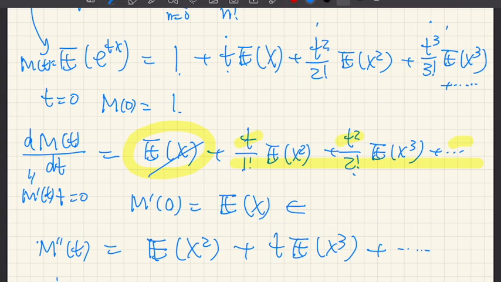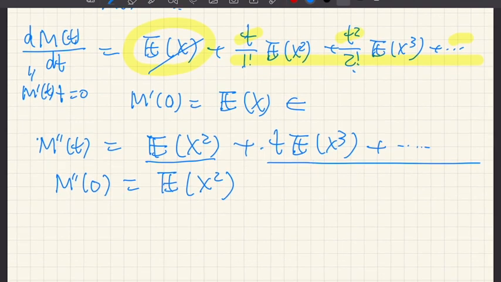Now again, set t equal to 0, then all the terms will be gone except for the first term. In this case, the first term is the second moment about 0.